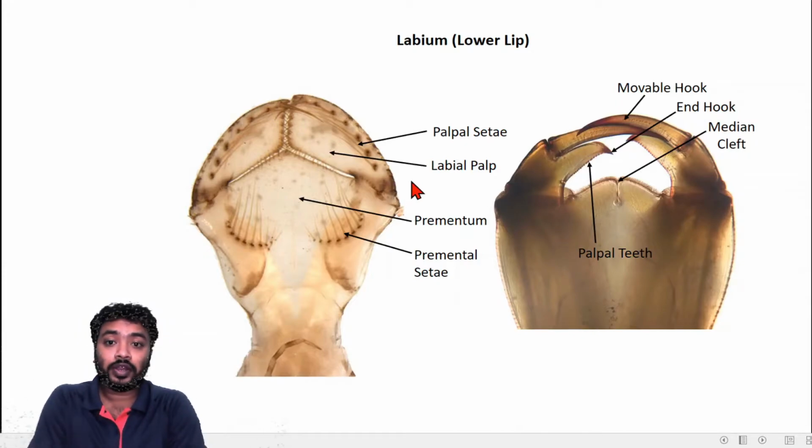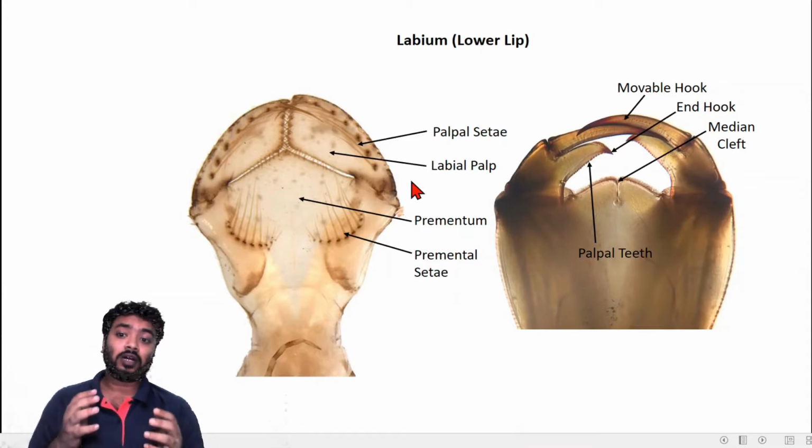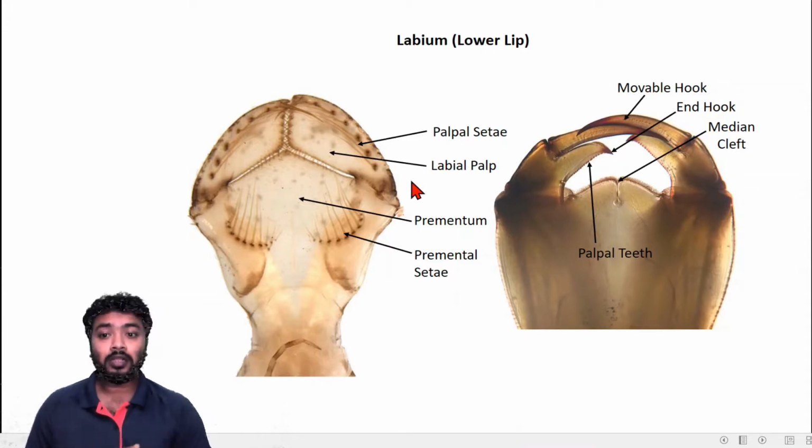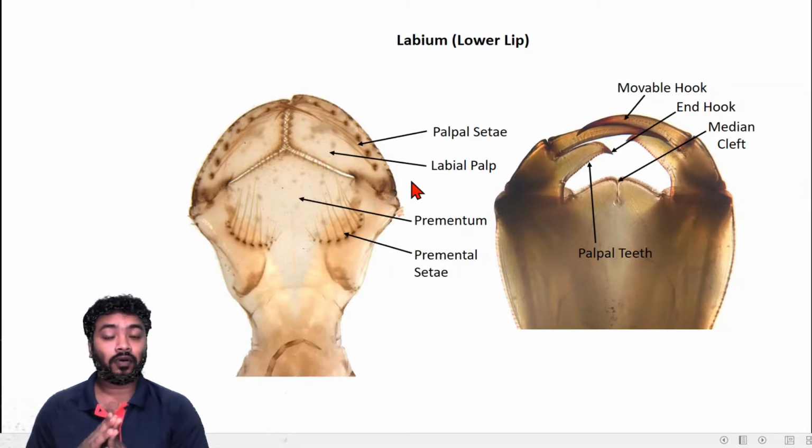And one more very important point to be noted here is that the count of the premental setae and palpal setae may vary with the age of the larva. It is recommended to count the premental setae only of the final stage larva. That is, the exuvia or the final stage larva only has the optimum number of premental setae.